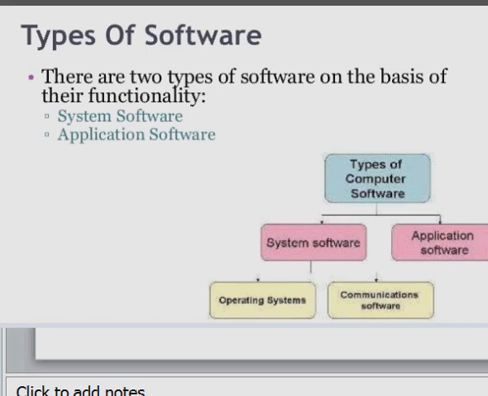Application software means such software in which we can create some specific application, or we can work on some specific application. If I give some examples of such kinds of software, then for system software you must have heard the word operating system.